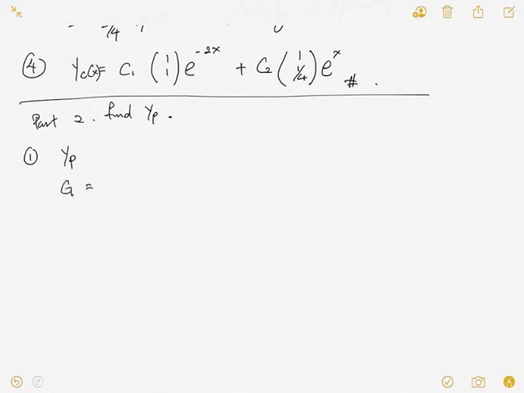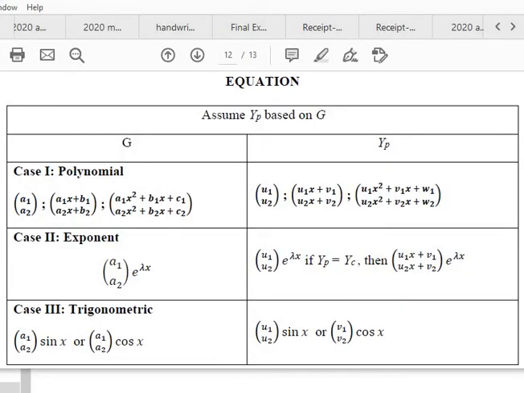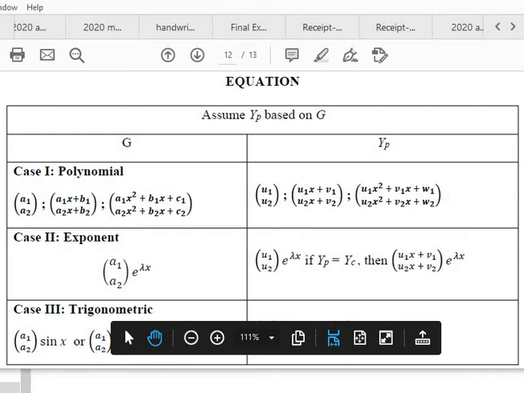G is equal to 2x squared plus 10x, and x squared plus 9x plus 3. From here, you can refer to the formula or the table in page 79. You can assume the YP based on the G.